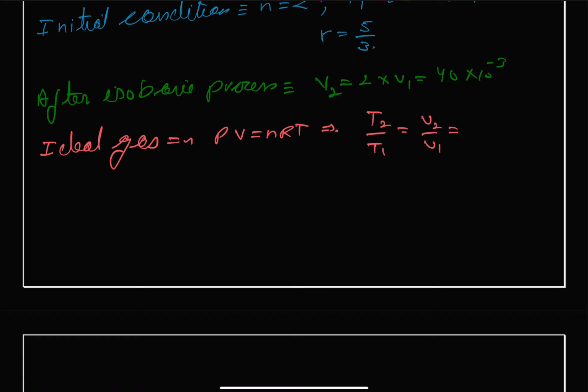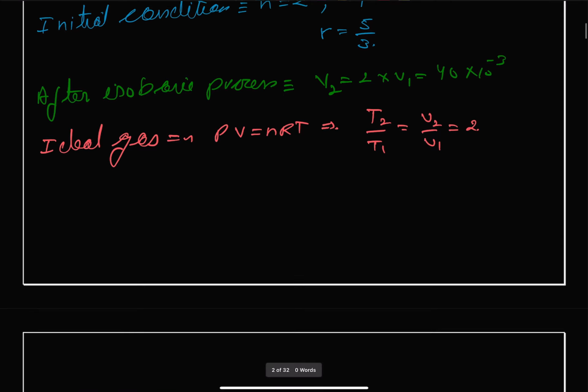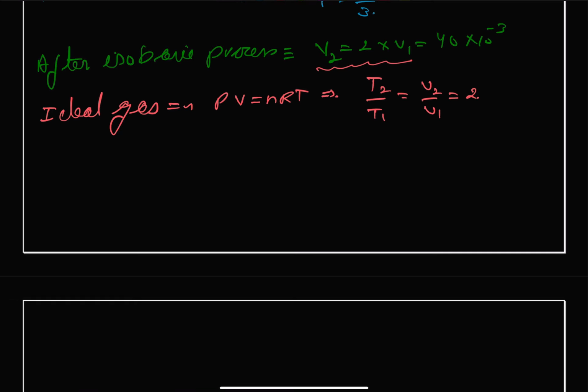V2 by V1 is equal to 2, because the volume is doubled, and therefore we get T2 is equal to twice of 300, giving us 600 Kelvin.